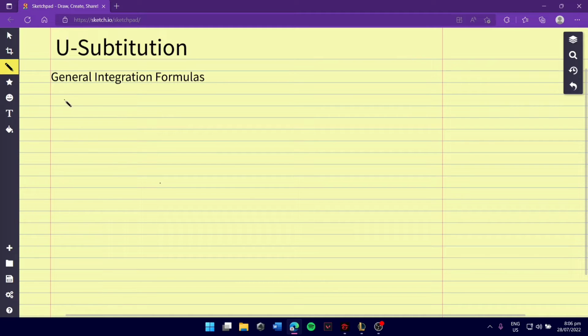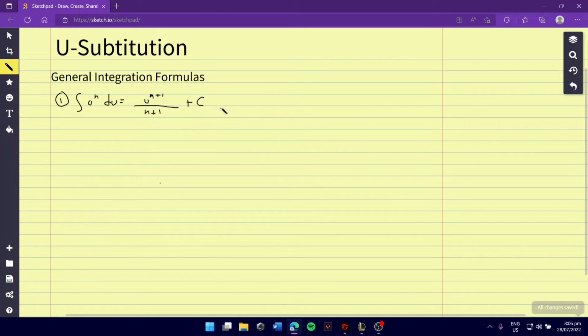So here we have first the integral of u raised to n times du. So the integral of u^n is simply u raised to n plus 1 over n plus 1, and then add your constant.